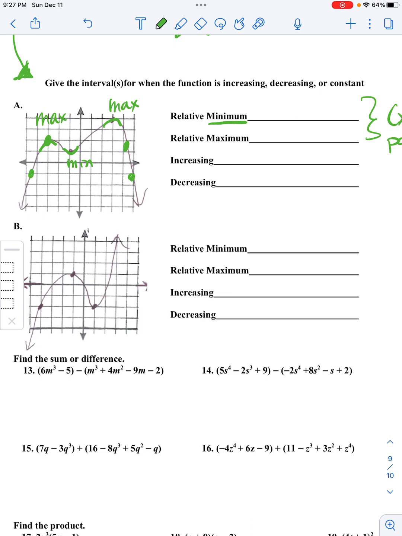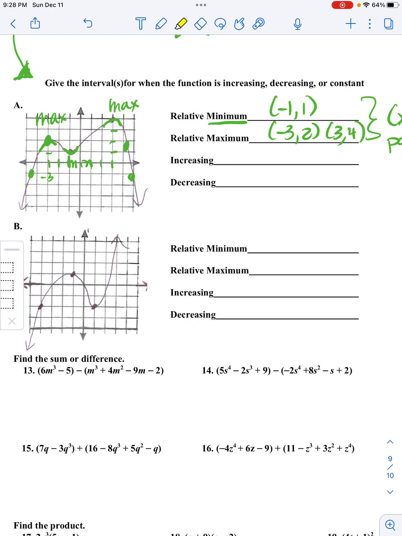The minimum is right here and the coordinates for that are -1, 1. Hopefully that's not confusing because that's something from a long time ago. Relative max, there's one at -1, 2, 3, up 2. And then there's one at 1, 2, 3 in a positive direction, up 1, 2, 3, 4.